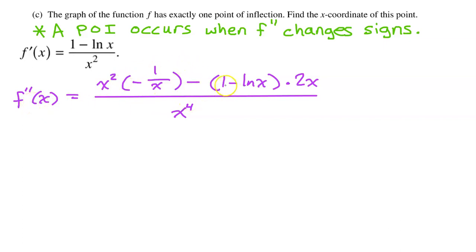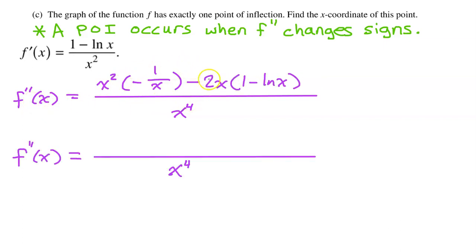I'm just going to simplify it a little bit. You'll notice that I moved the 2x to the front of the parentheses to make it easier to do the distributive property in a moment. But first, let's go ahead and multiply x squared times negative 1 over x. I will still have the negative sign, but this x in the denominator will cancel out one of the x's in the numerator.